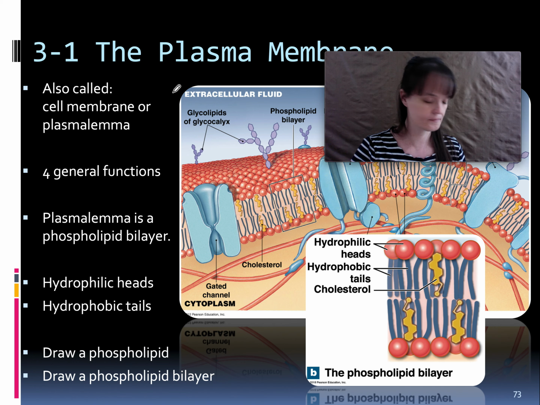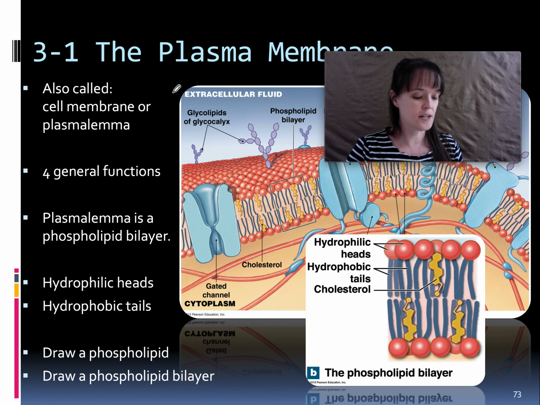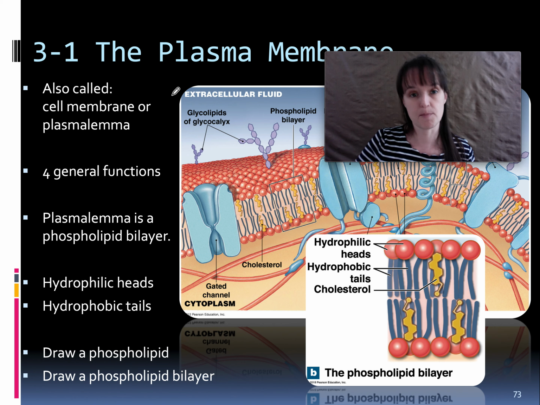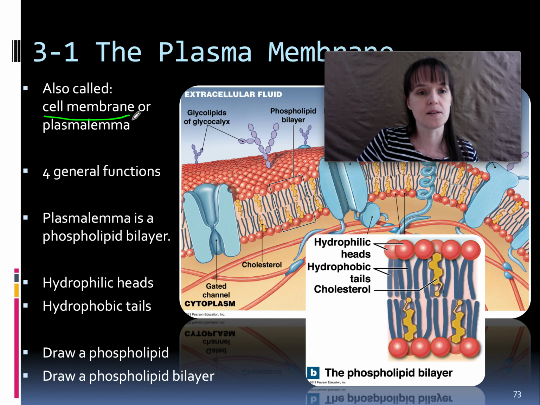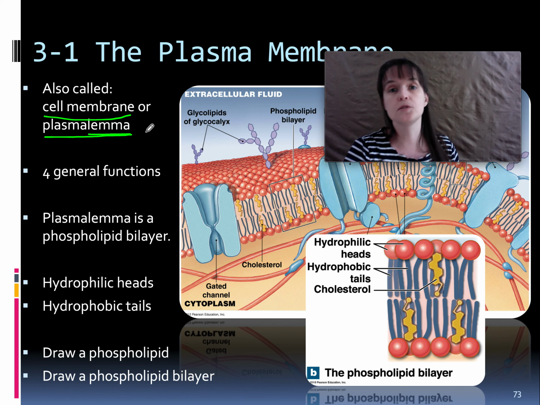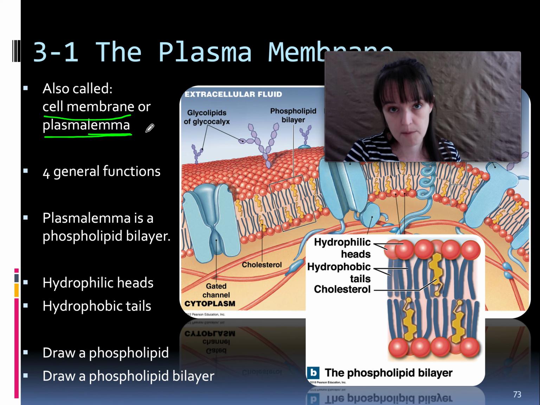We're going with it. Four general functions of the plasma membrane. All right, so now we're talking about the cell membrane. It's called the plasma membrane. It's also called the cell membrane, and it's sometimes called the plasma lemma. We will find this lemma root used over and over again to differentiate between different types of cell membranes.